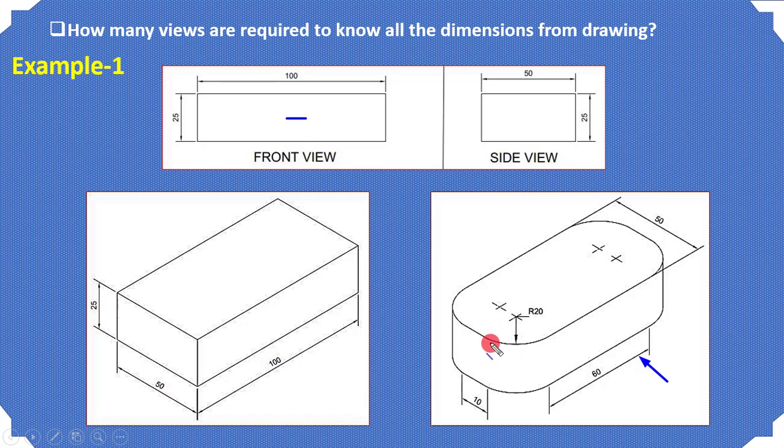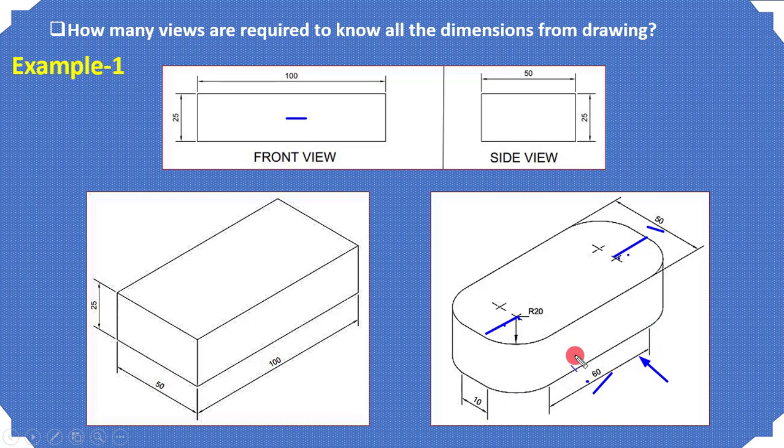You can see the radius here is 20, so 20 plus 20 would be 40, plus this 10, so the total width is 50, which is shown here as well. This is 20, this is also 20, and between these two center points the distance is 60. So 20 plus 60 plus 20, the total length is 100.